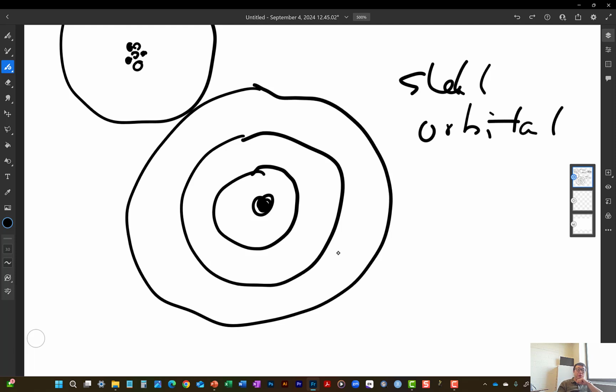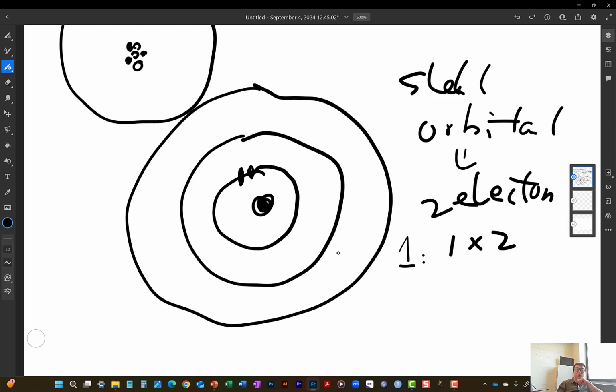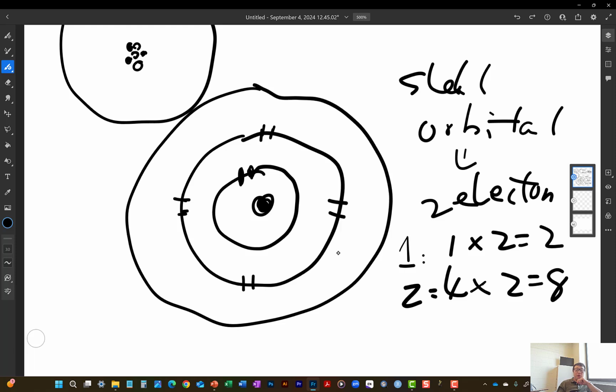In the first shell there's only one orbital, and each orbital can contain 2 electrons. So shell 1 has one orbital which can contain 2 electrons. Shell 2 has four orbitals, each containing 2, which means shell 2 can contain 8 electrons.